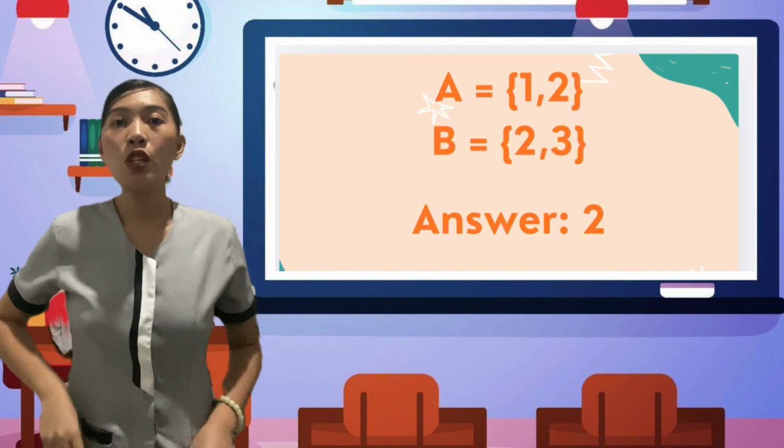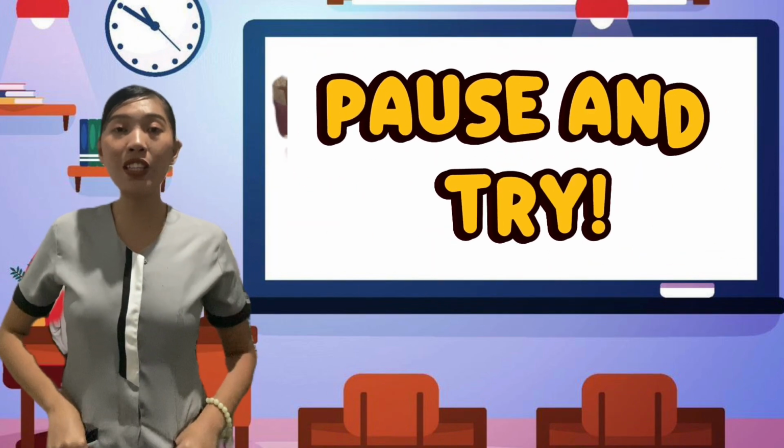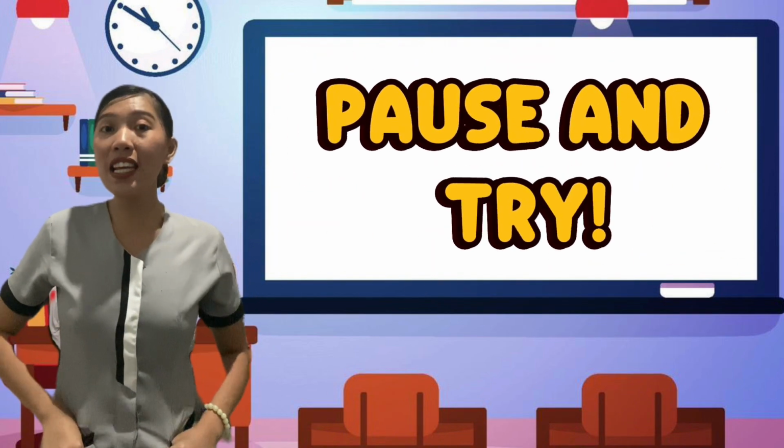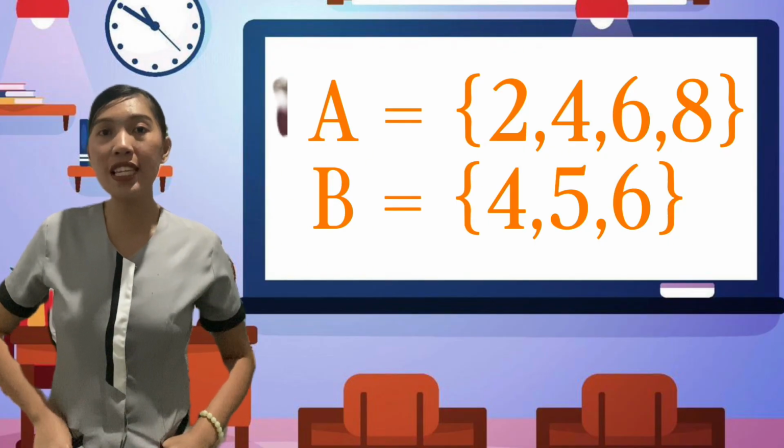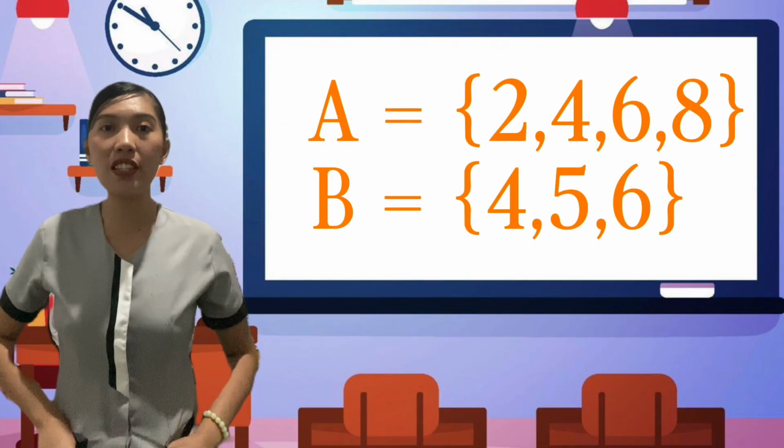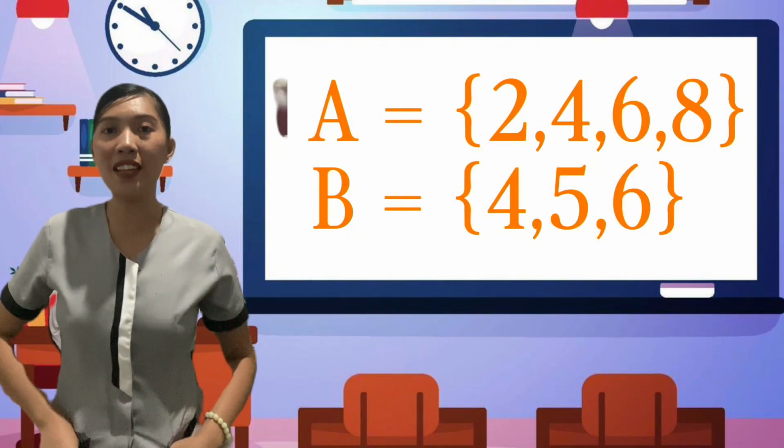So let us pause and try. A is equal to {2, 4, 6, 8}. B is equal to {4, 5, 6}. Find the intersection.